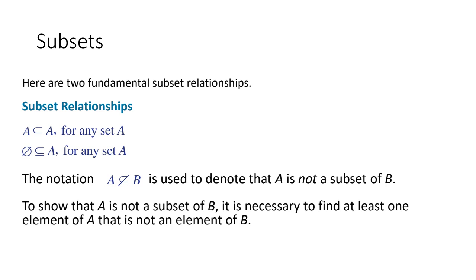Well, to prove that something is not a subset, what you could do is find at least one thing that is in A but it's not in B. Then it would not be part of the total. Like A contains something else which is not part of B. So let's keep that in mind.